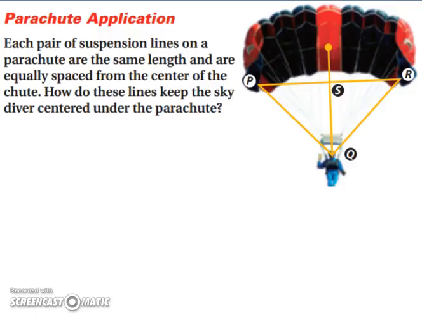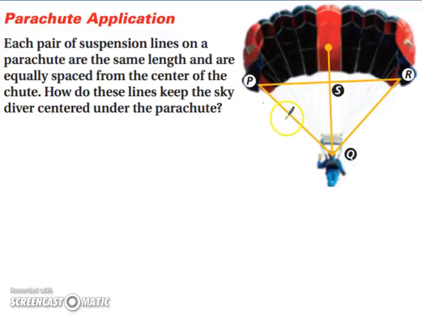Let's look at a parachute application. Each pair of suspension lines on a parachute are the same length and are equally spaced from the center of the chute. How do these keep the skydiver centered under the parachute?